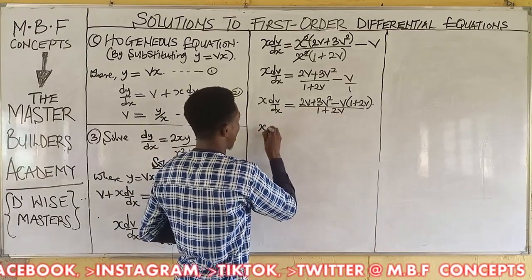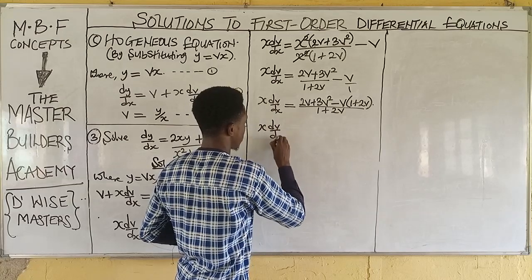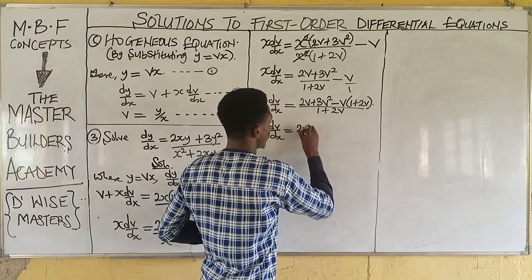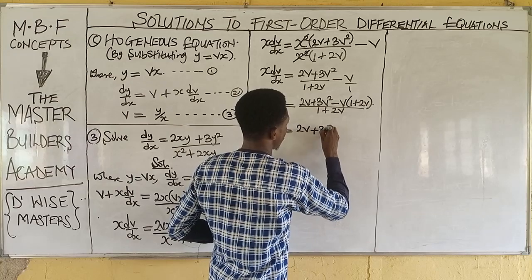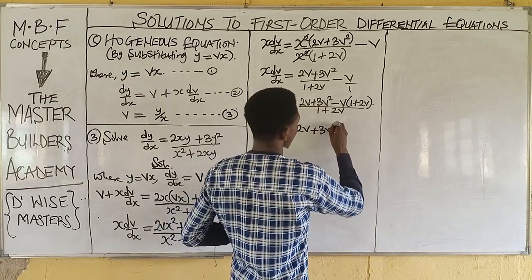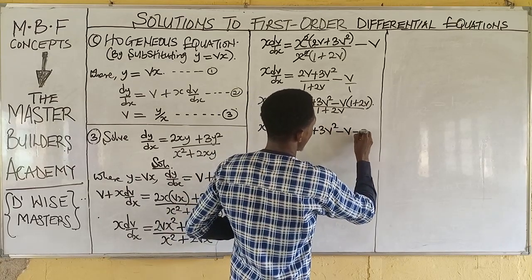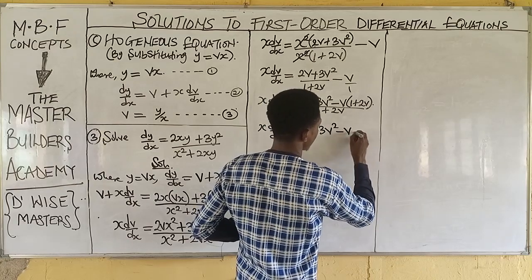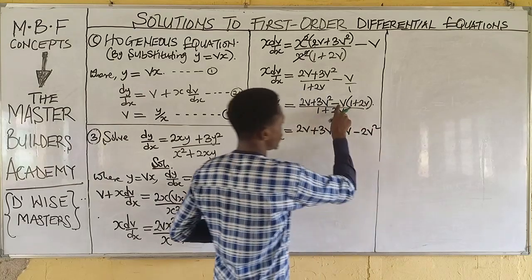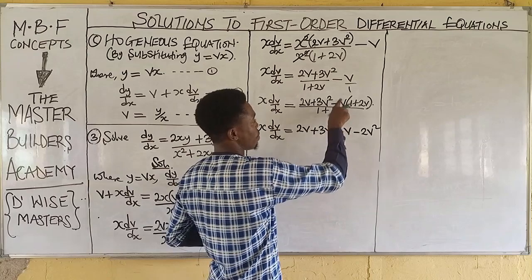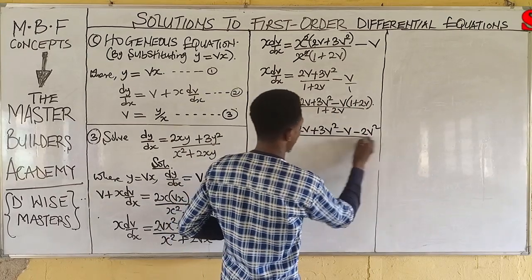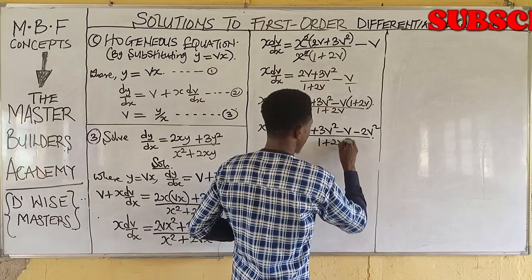If we expand that, we have dv over dx is equivalent to 2v plus 3v squared minus v plus minus 2v squared. V multiplied by 1 and minus v multiplied by this guy, all over 1 plus 2v.